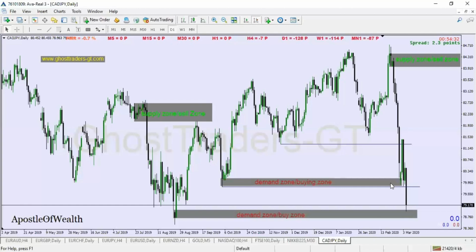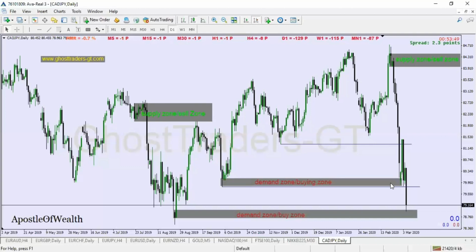So when we identify demand and supply zones, we are looking for a possible area where the banks or the institutions have left their orders.